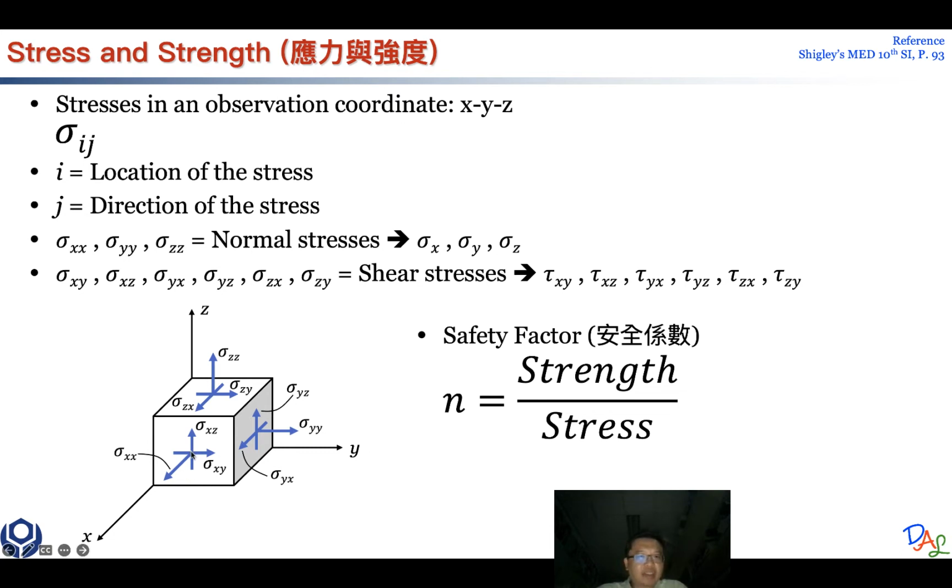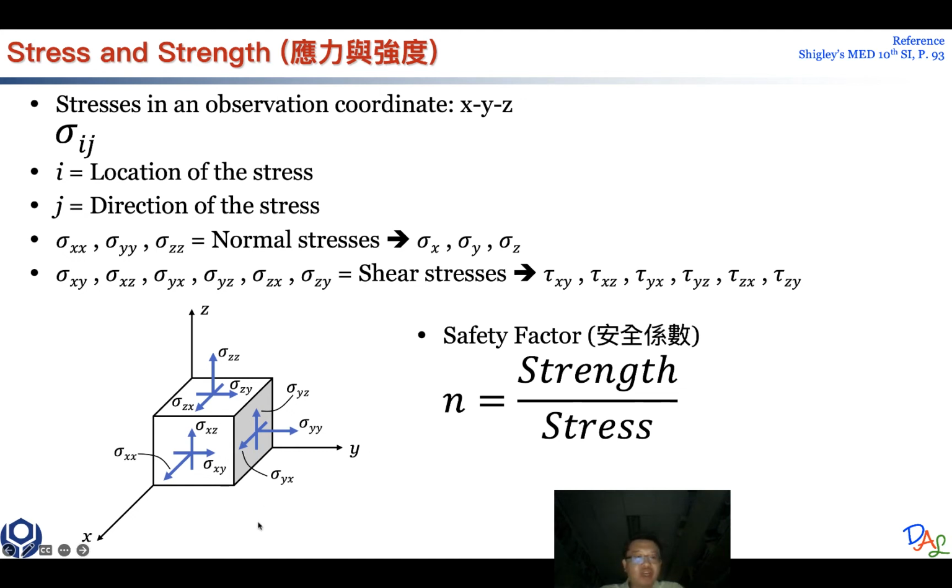So acting on top of this plane, the YZ plane, if there's a stress that is parallel to the x-axis, then we will specify the second index as x, like this one. This one is acting in the direction that is parallel to the y-axis, so we will specify the second index as y. And similarly, we have sigma xz. And the same concept applies to all the other stresses on different planes.